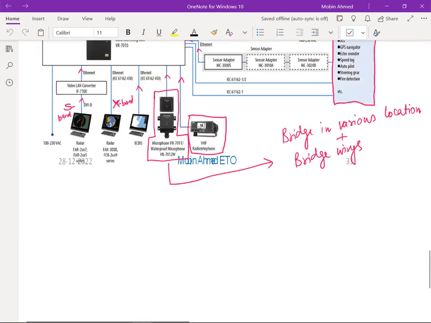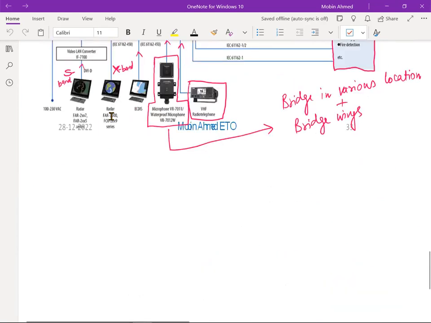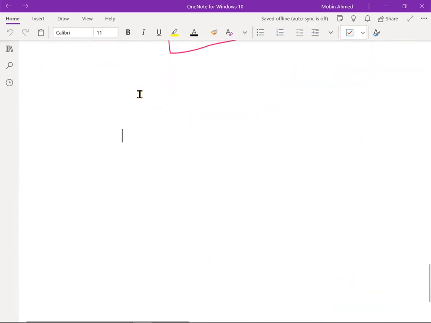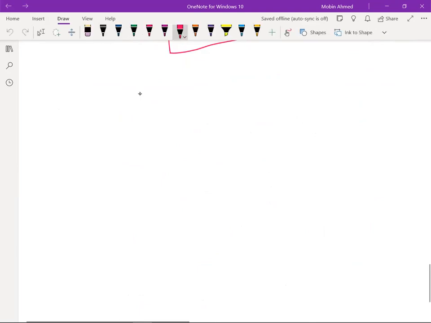So let's see about this VDR. We'll continue with this one. Data to be recorded in VDR.